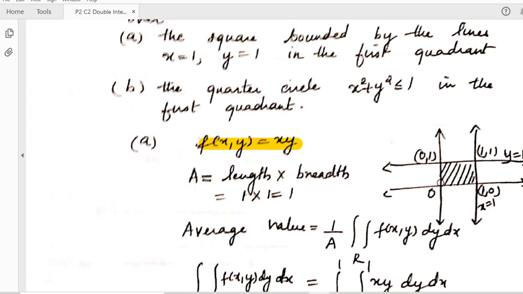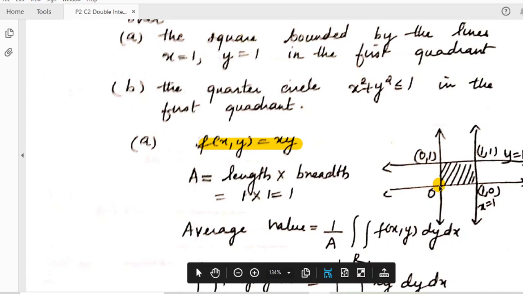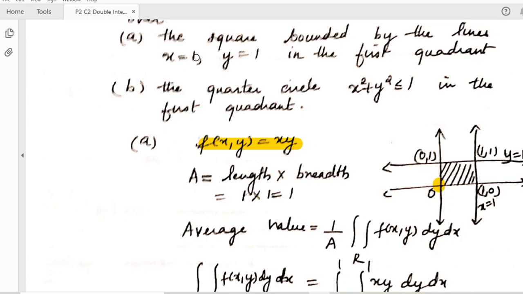So this is our x-axis, this is the y-axis, this is our origin, and now let us take the line x equal to 1.